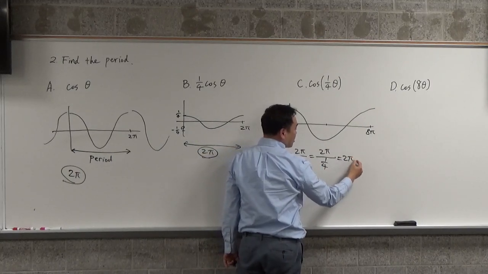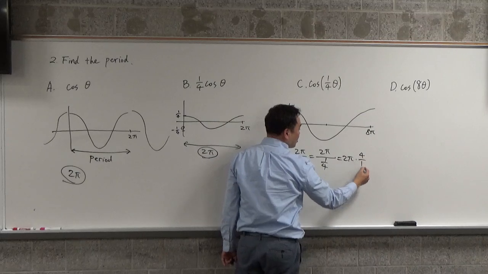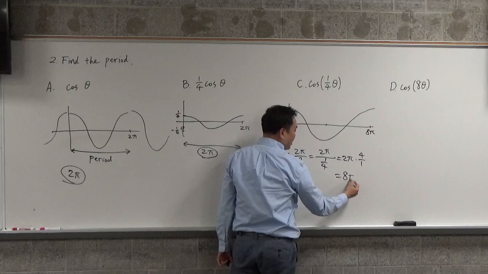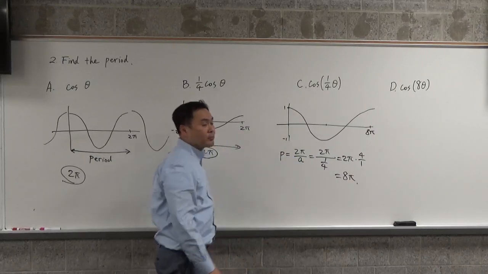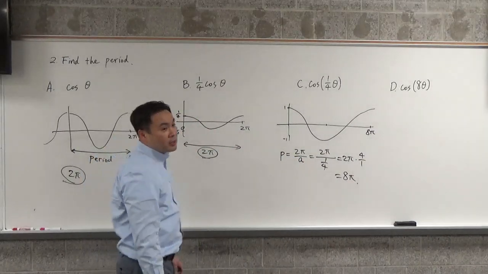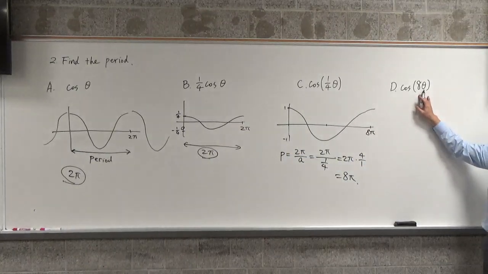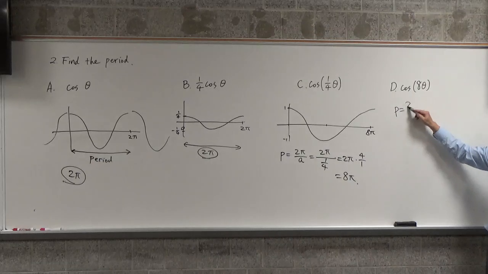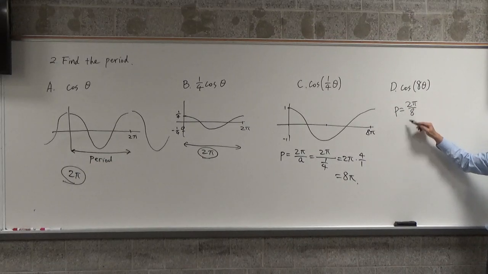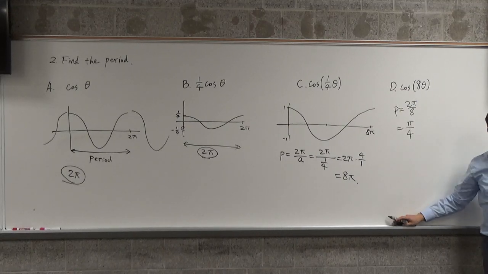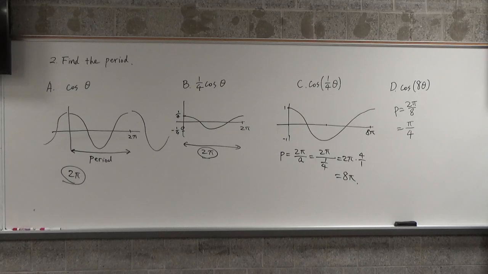Division by 1/4 is multiplication by the reciprocal, which is 4/1. And 4 times 2 pi is indeed 8 pi. If you apply the same logic here, the period would be 2 pi divided by 8. And if you reduce top and bottom by dividing by 2, you get pi over 4 as the period for the last one.